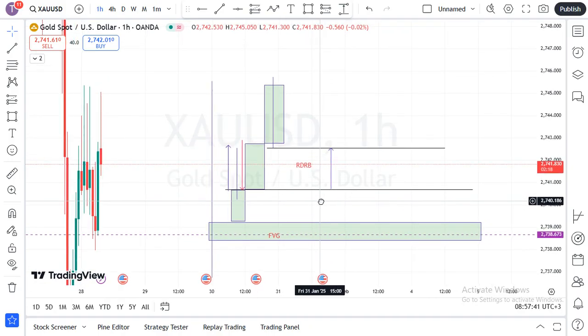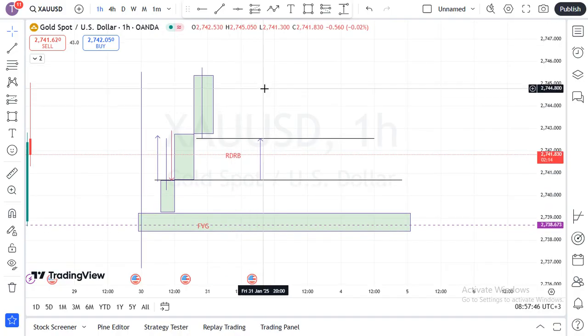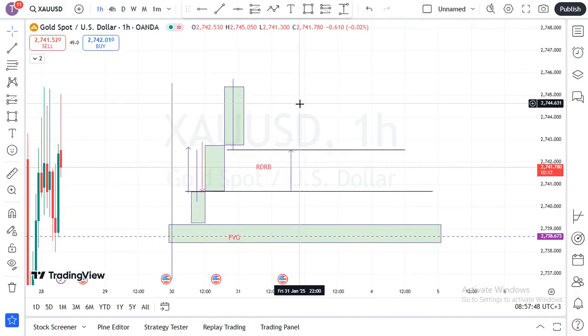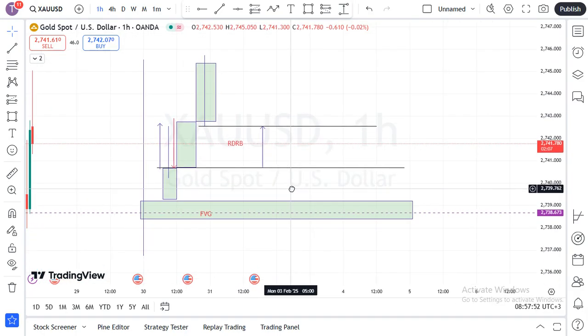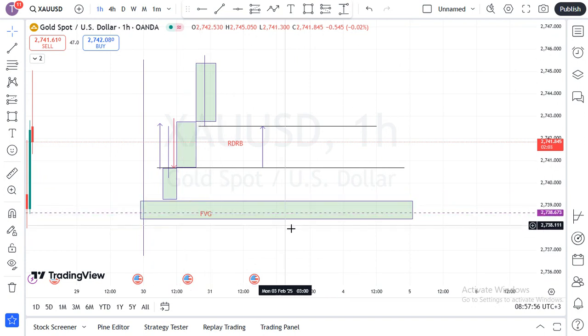So what does it mean? So most times, most concepts, they normally count the fair value gap.